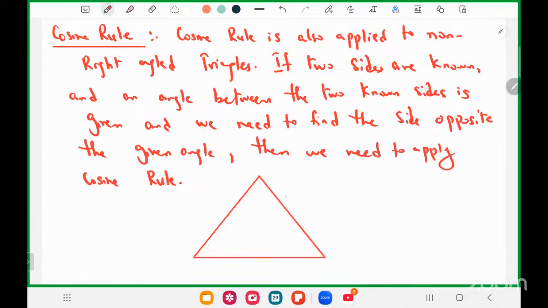So if two sides are known, let's say this is 12, this is 14, and an angle between the two sides is given, let's say 60 degrees, and we need to find the side opposite the given angle, let's say this is x, then we need to apply cosine rule.